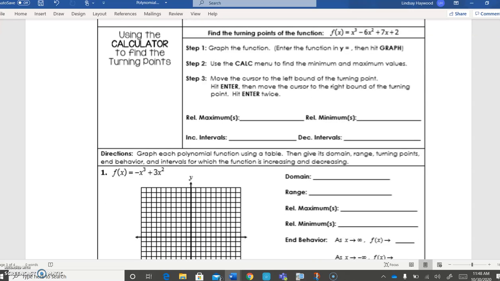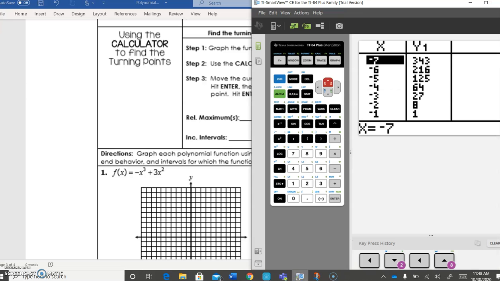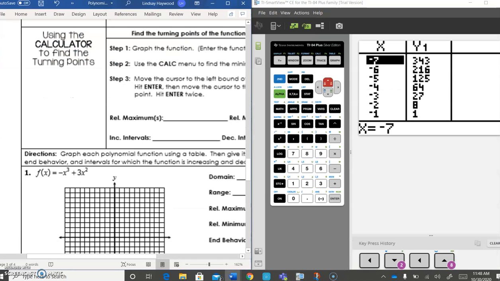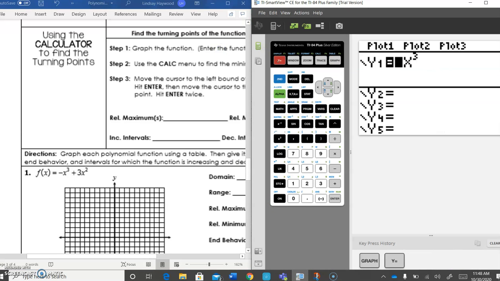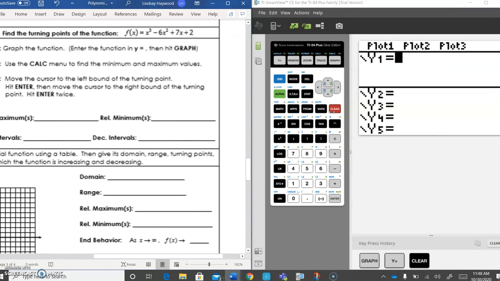So you're going to pull up your calculator, and in your calculator, you're going to punch in that function: x cubed, x rooftop 3, minus 6x squared, plus 7x.